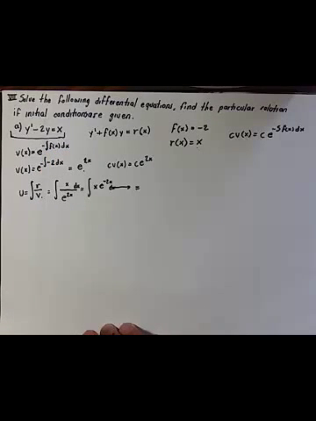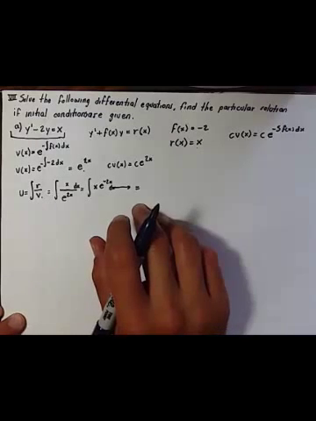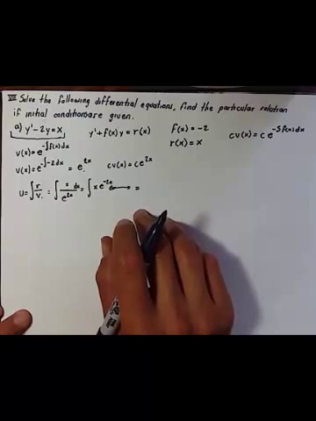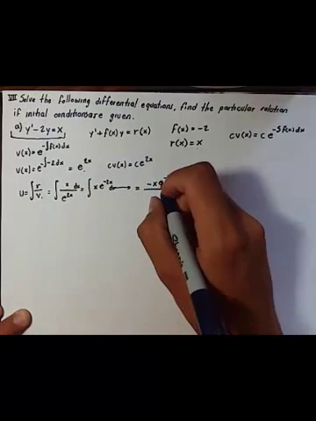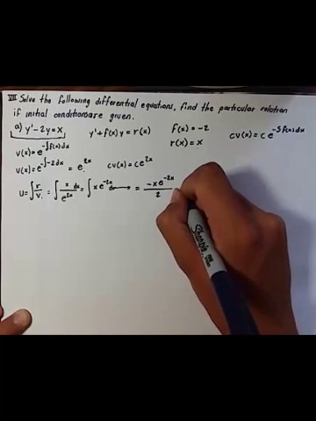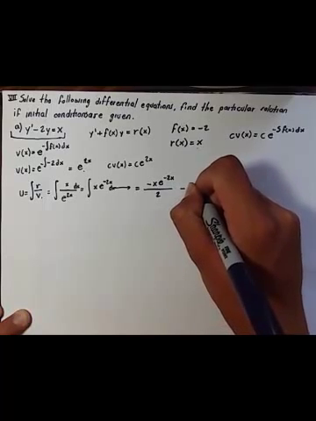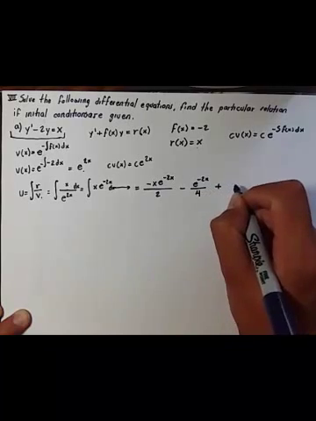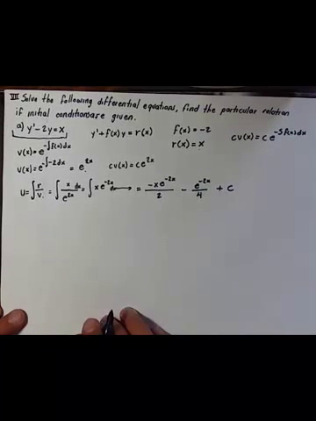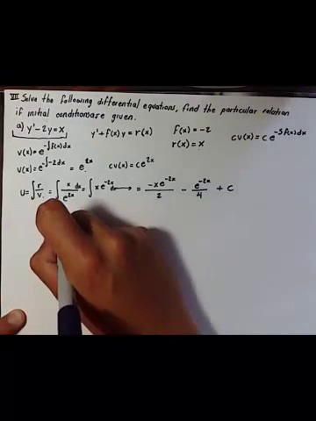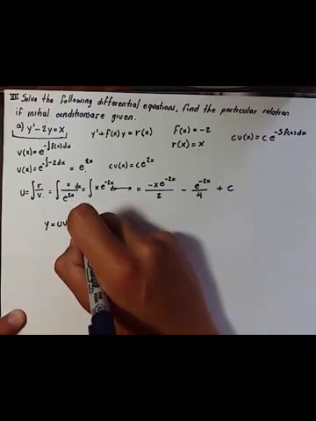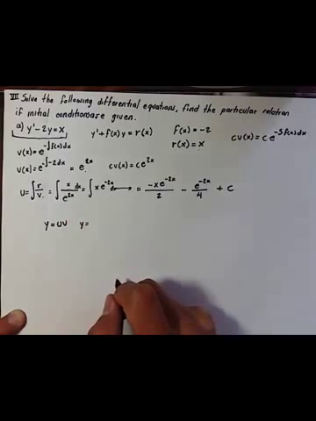We know that all of that equals, well, using integration by parts, -x times e raised to the -2x divided by 2 minus e raised to the -2x divided by 4 plus the constant. And with this all we have to do is make the last equation, that is y equals u times v.